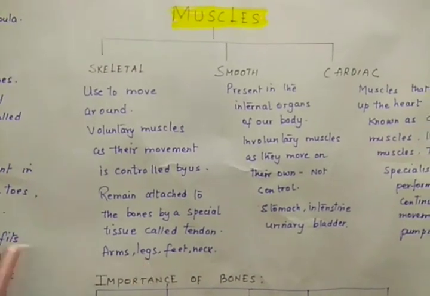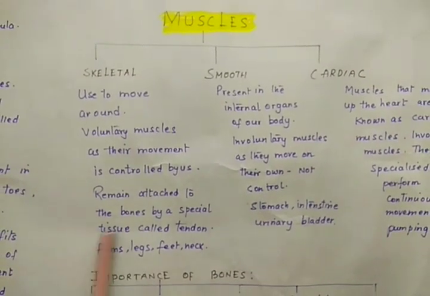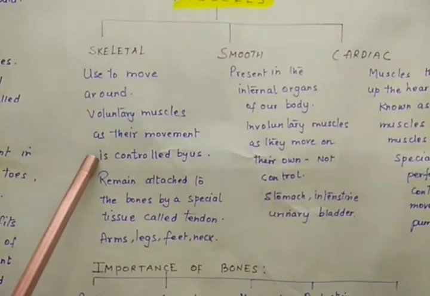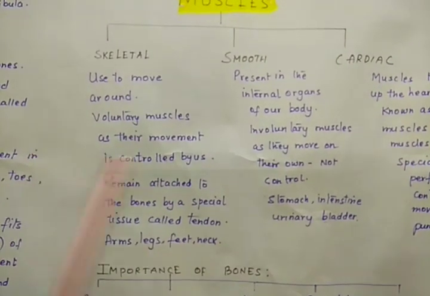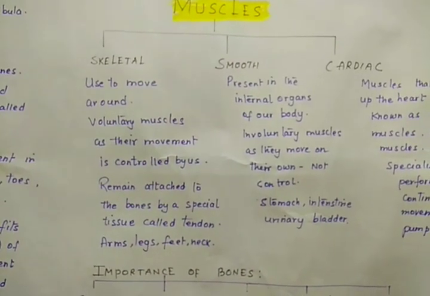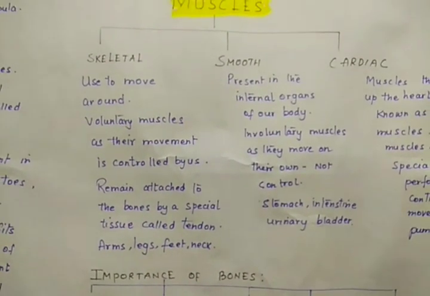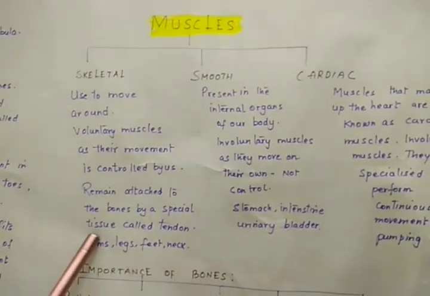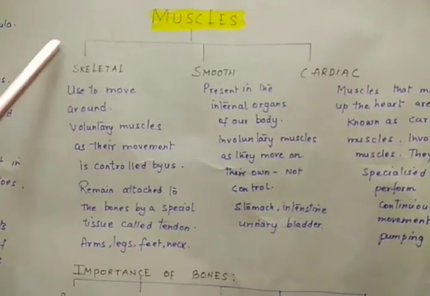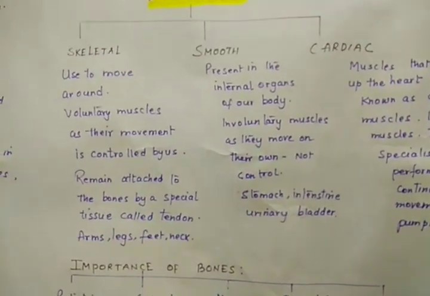And these are attached to the bones by a special tissue. Muscle needs to be attached to the bones, then only is movement possible. Otherwise, if there is no connection between muscle, joint and bones, we are unable to frame that structure. So muscle is attached by a special type of tissue called tendon. That is why these are known as skeletal muscles.